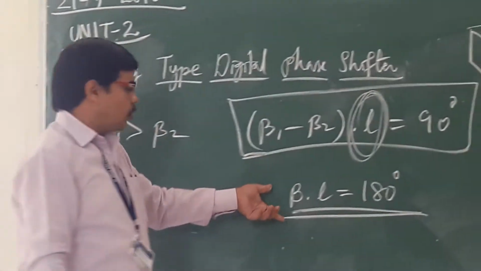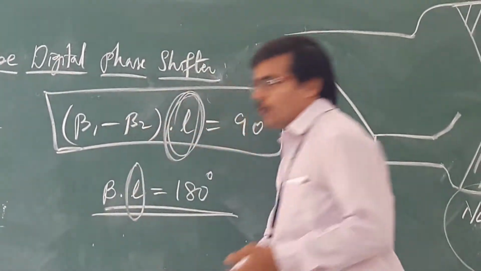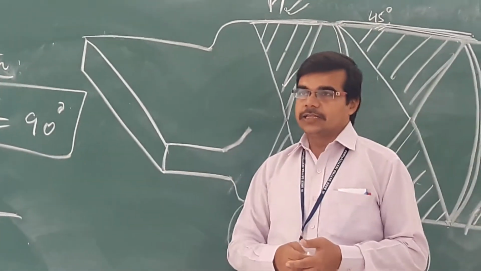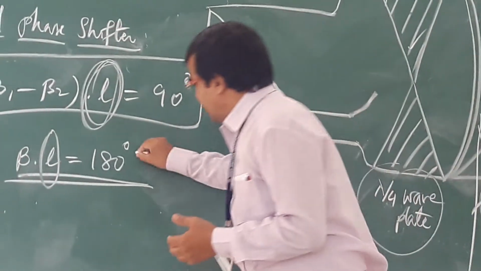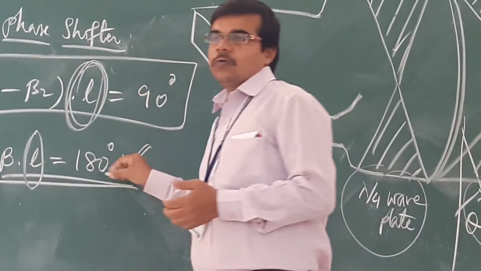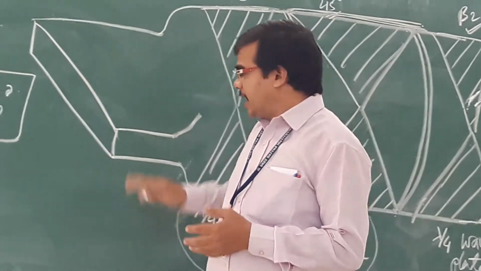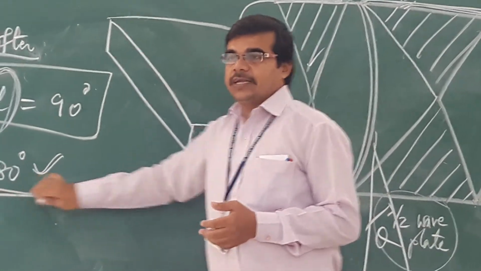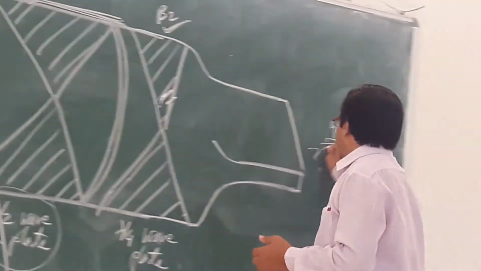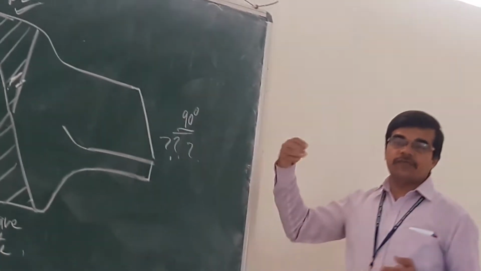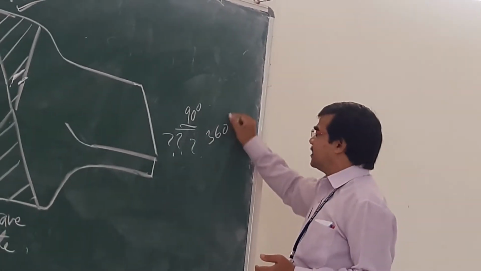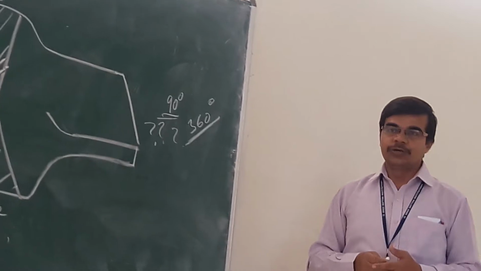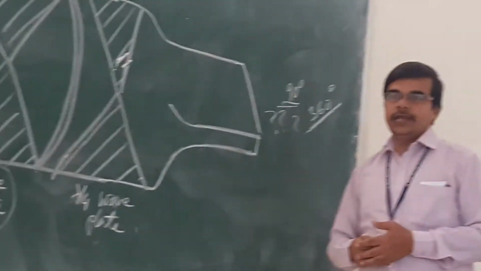If we know the phase constant, we can calculate the length. If the product is 180 degrees, a complete phase shift of 360 degrees can be achieved. That is our requirement.